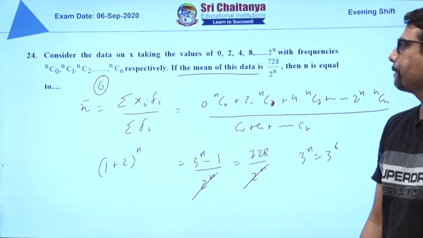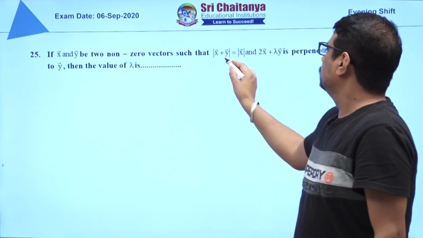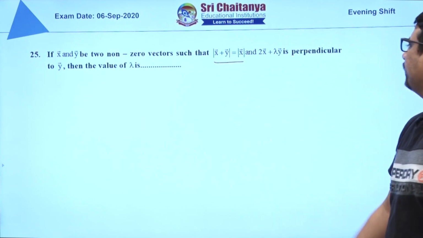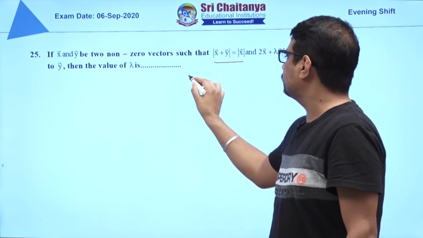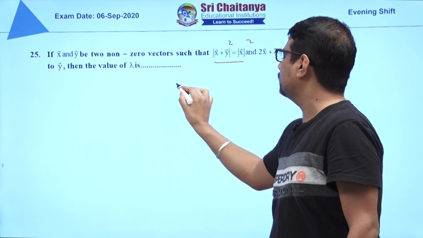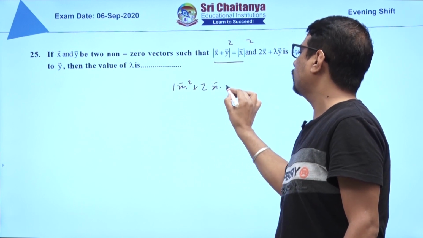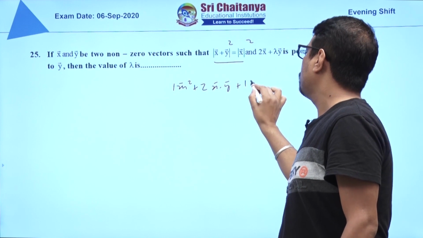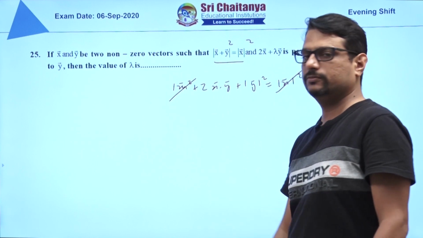Next, based on vectors, here this equation is given and you have to find for what value of lambda this is perpendicular to y. So, let us square both sides. When you square, we get here what? Mod x square plus 2 x bar dot y bar plus mod y square is equal to mod x square, and cancel this.